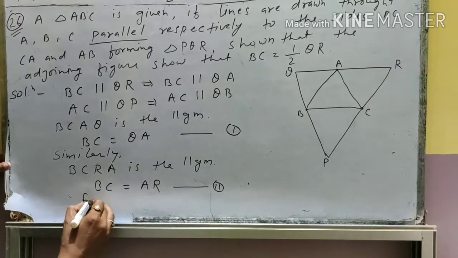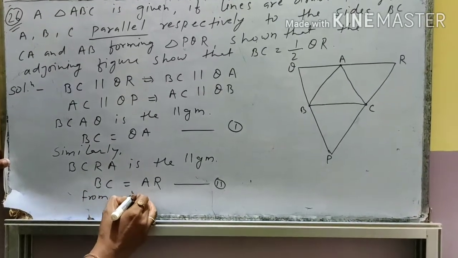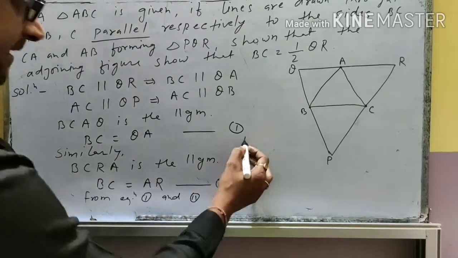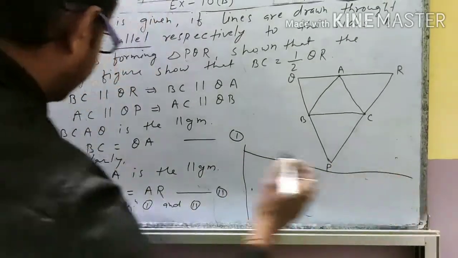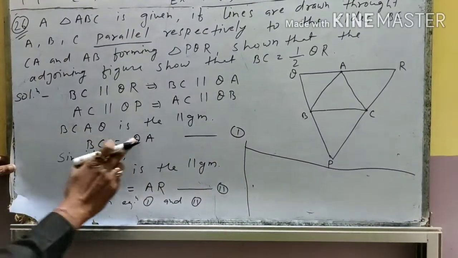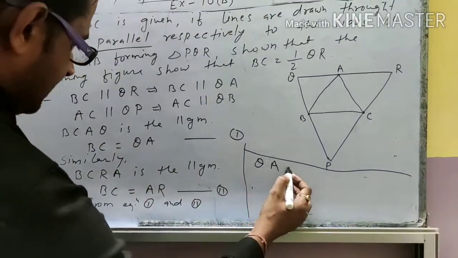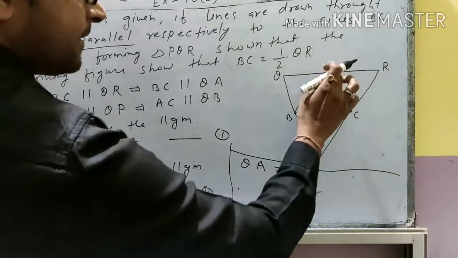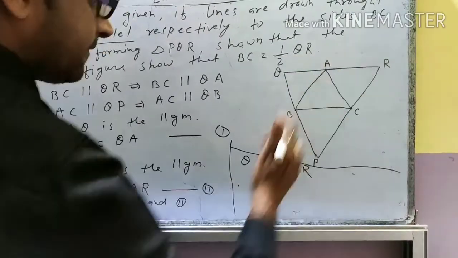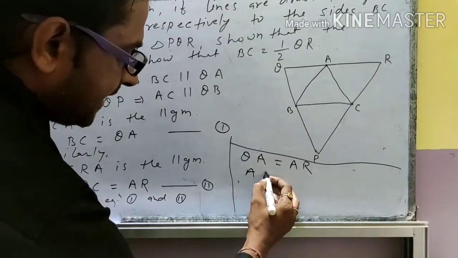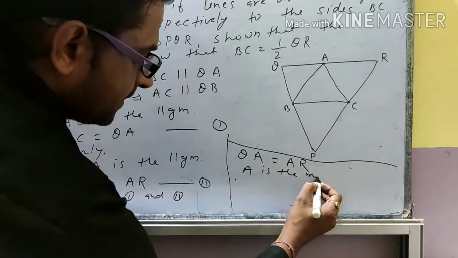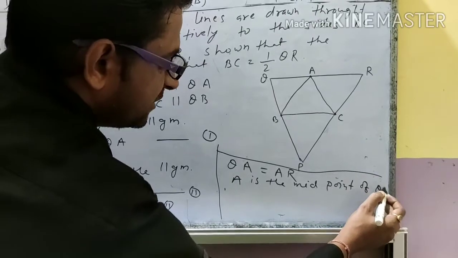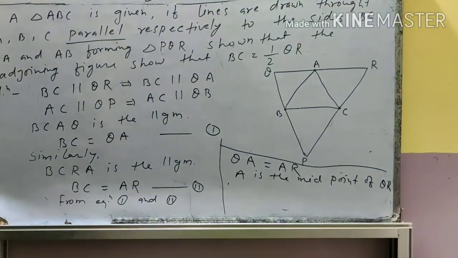So from equation first and second, what we'll get here, student? QA is equal to AR. That means A is the midpoint of QR. According to this, we can say A is the midpoint of QR.